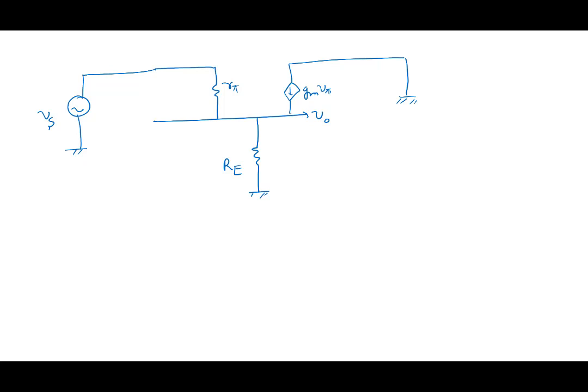I'm taking the output here, and input is applied here. So in this case, what will V0 by Vs be equal to? Again, how will you do that? Remember how we transformed the resistor to the input side? So what will V0 by Vs be equal to?